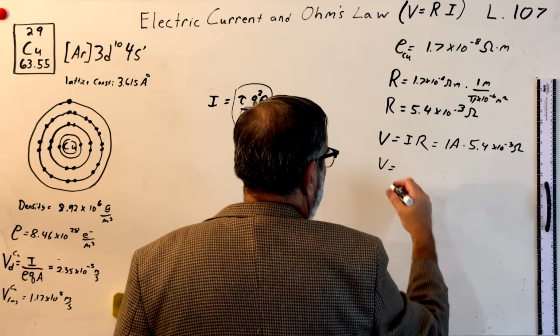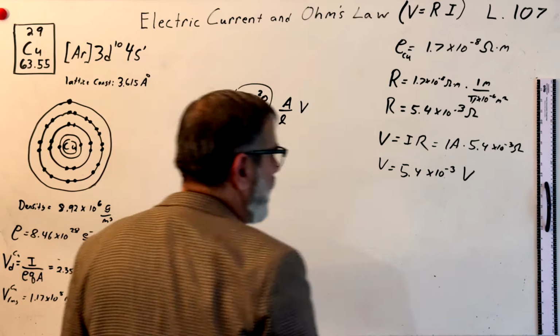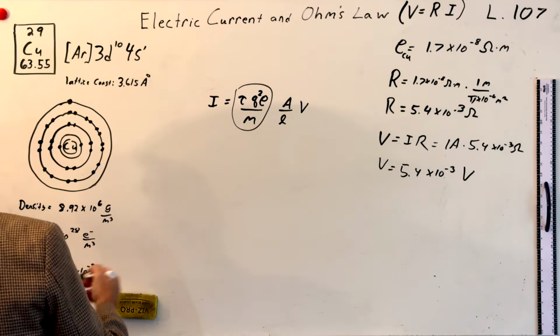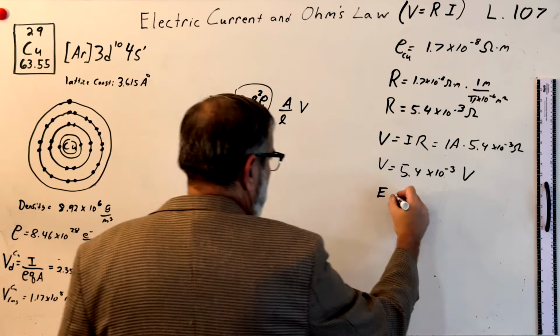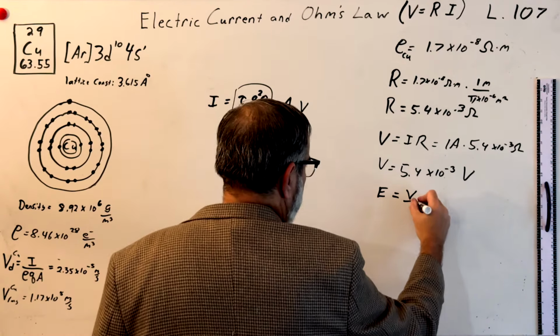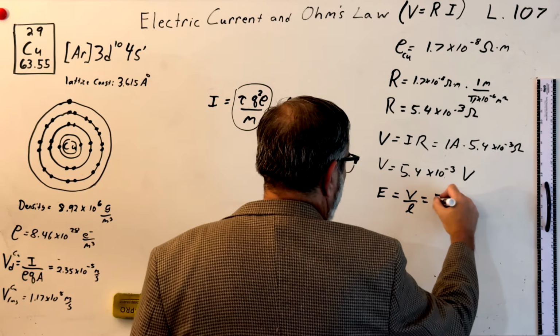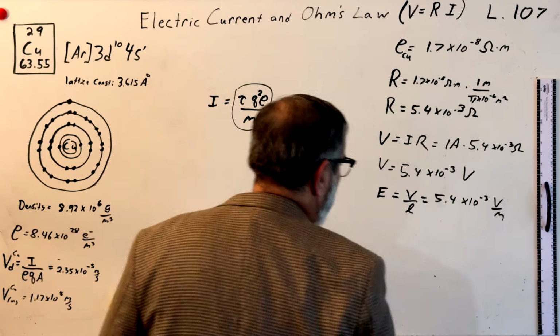That's going to give me that V is equal to 5.4 times 10 to the minus 3 volts. Make sense? And so the electric field then is just equal to the voltage drop divided by the distance. Since our distance is 1 meter, this is going to be 5.4 times 10 to the minus 3 volts per meter for the electric field. Okay?